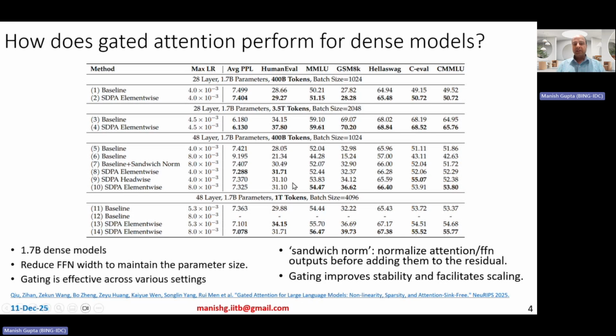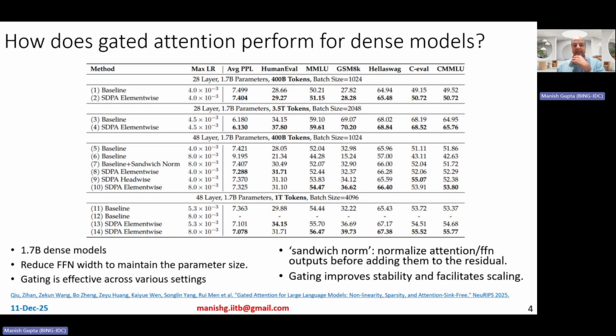But even there, the perplexity reduction is not as good as what one can obtain using element-wise gated attention. So there are other methods to improve performance, but they don't perform as well as gated attention. And they're orthogonal, so maybe you could do both and see how the combination leads to better results.